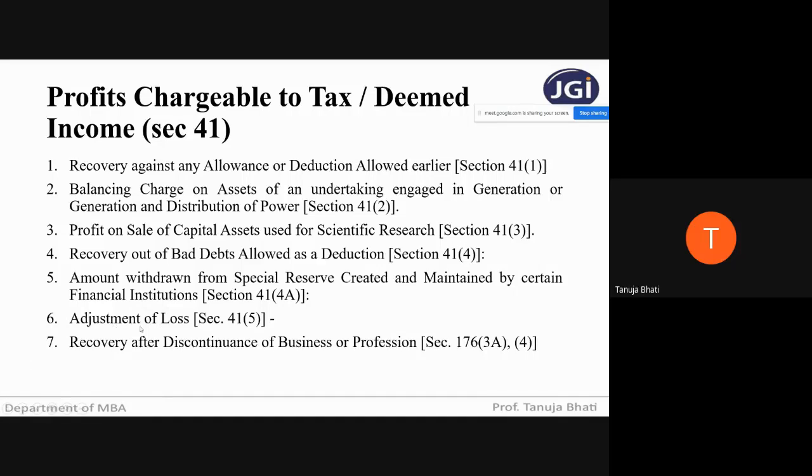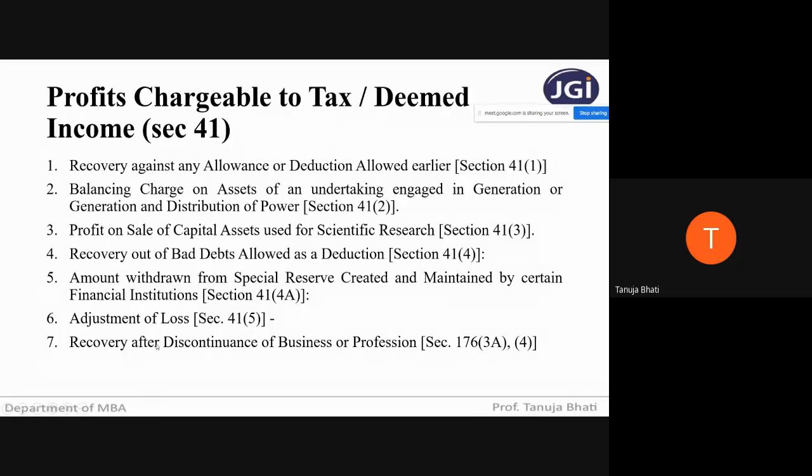But if you are adjusting any loss, then such loss that you are adjusting will be considered as a deemed income, and it will be added to your profit. So what does this exactly mean? Suppose any business or profession is discontinued, or suppose any business is not a speculation business, then if it is discontinued, such loss has to be adjusted against the income of any other business. So such adjustment of loss will be considered as a deemed income.